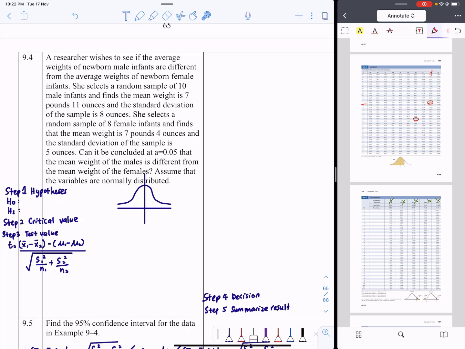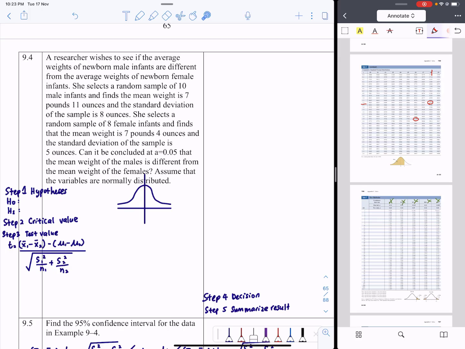9.4. A researcher wishes to see if the average weight of newborn male infants is different from the average weight of newborn female infants. She selects a random sample of 10 male infants and finds the mean weight is 7 pounds 11 ounces.